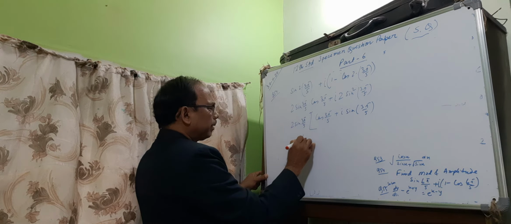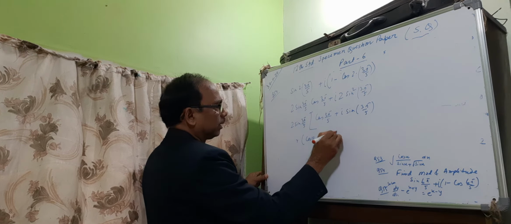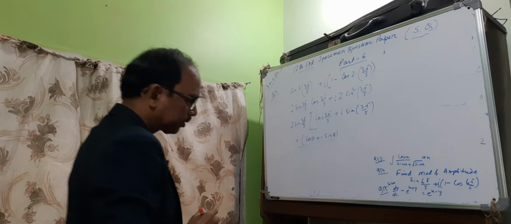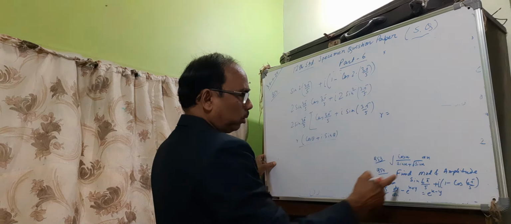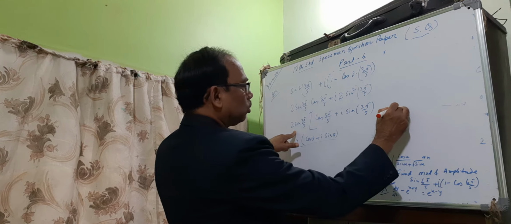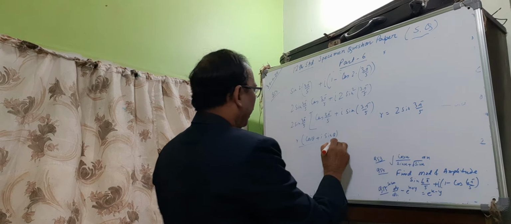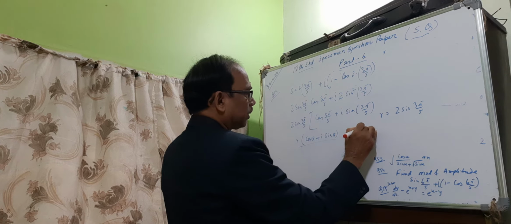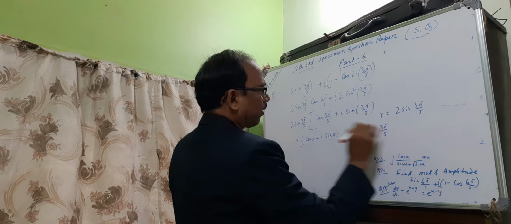That should be in the form r cos theta plus i sin theta. Here r equals modulus and theta is amplitude. R is 2 sin 3 pi by 5 and amplitude theta equals 3 pi by 5.